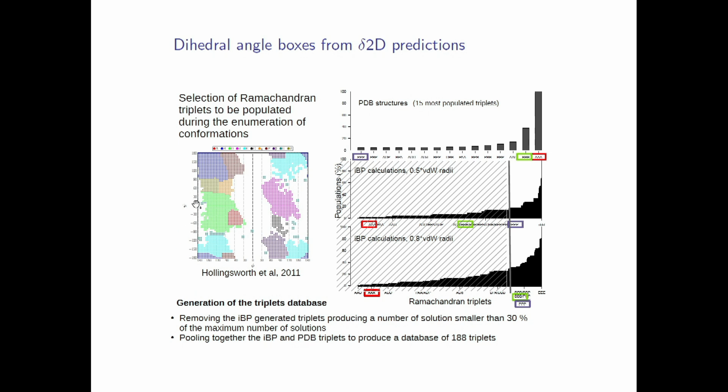we decided to use a more detailed description of the Ramachandran map, which was proposed by the group of Karplus in 2011. And actually we were looking in the PDB data set for triplets of these regions.